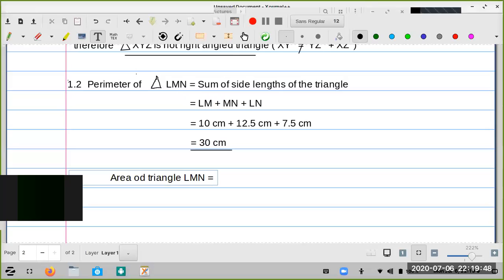Then remember the formula for the area of a triangle. We said it's half multiplied by the base side length multiplied by the height of the triangle.